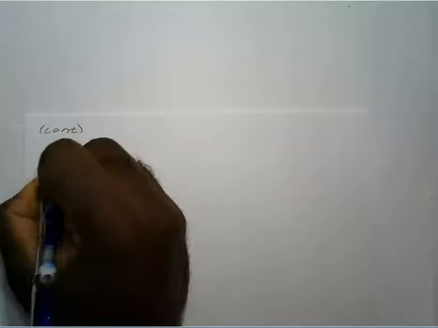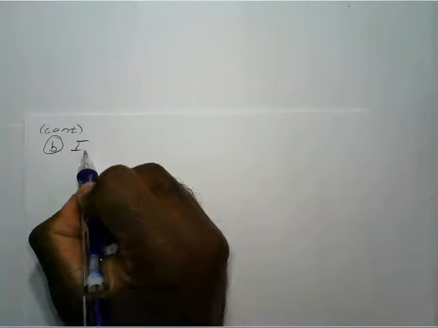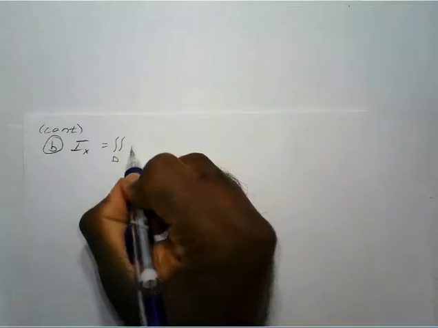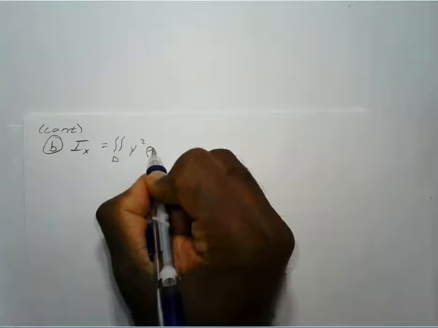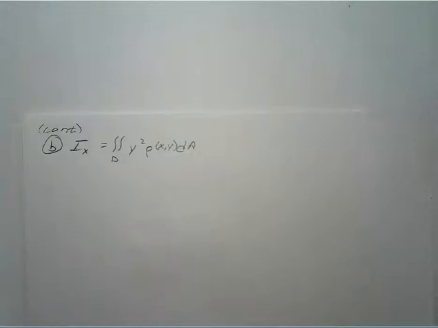All right, so for problem B, we have to find our moment of inertia with respect to the x, which is equal to the integral of our region times y squared times rho of xy with respect to the area.